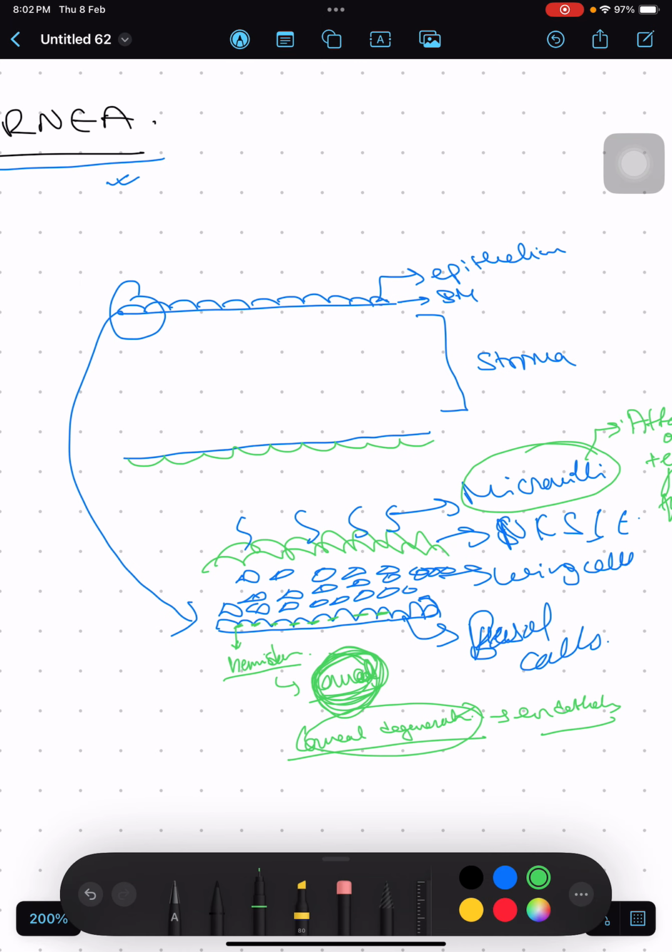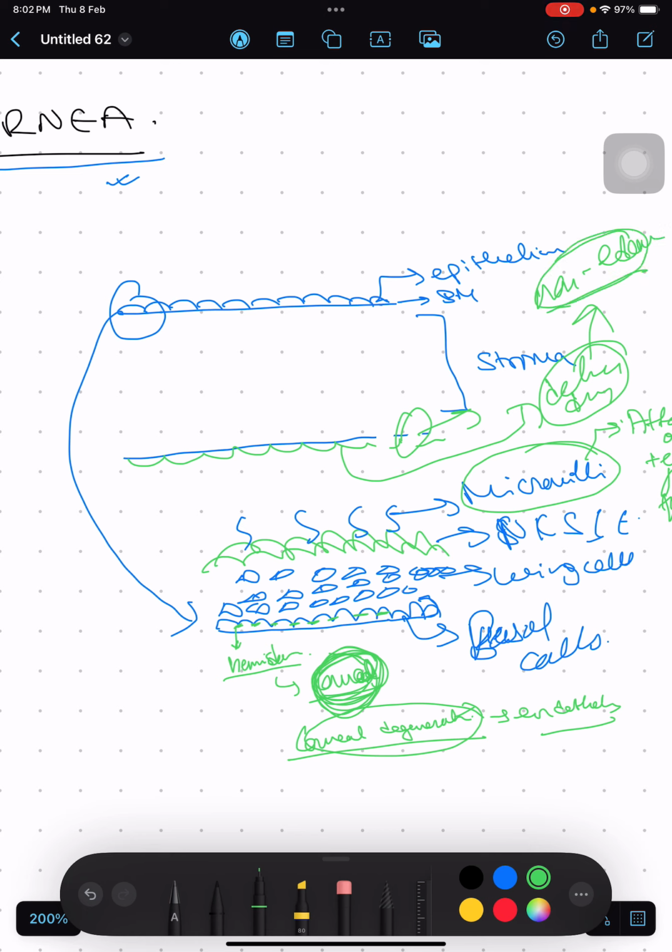Here are the endothelial cells, and these endothelial cells are responsible for keeping the cornea in a dehydrated or dry state. In this dry state, the cornea is non-edematous.